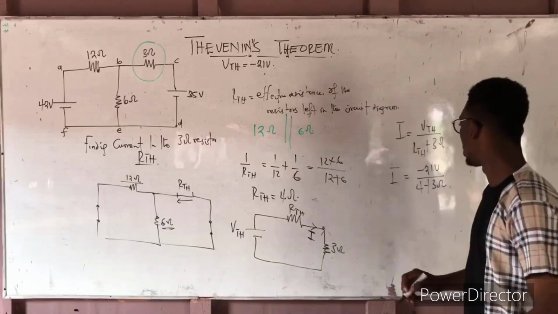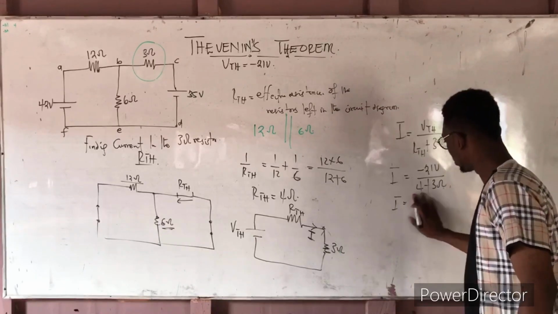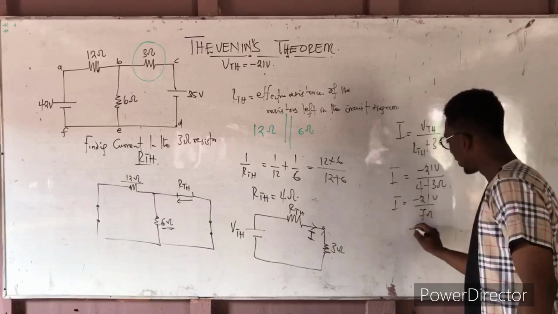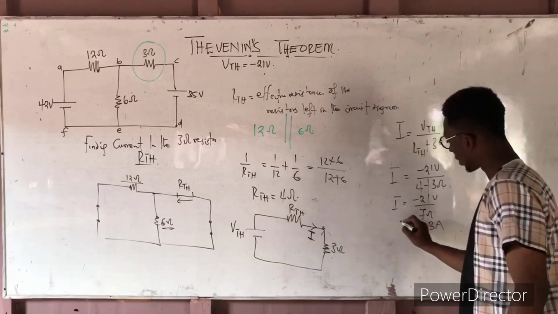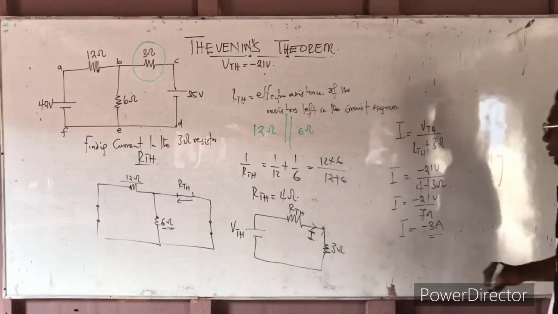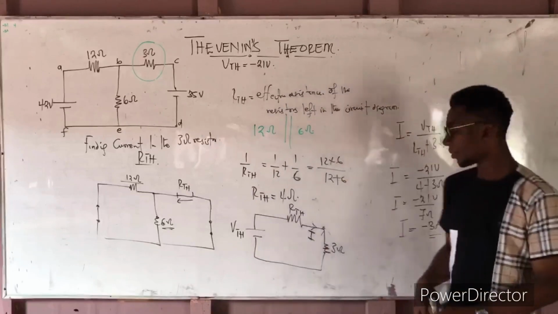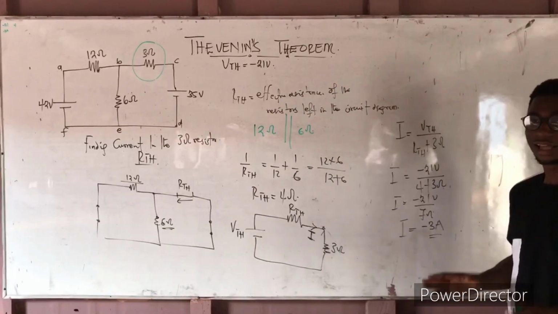So now when you do this, you are getting minus 21 divided by 7. And that will give you minus 3 ampere. So this is the final answer. The current that will pass through the 3 ohm resistor is minus 3 ampere. And this is Thevenin's theorem.